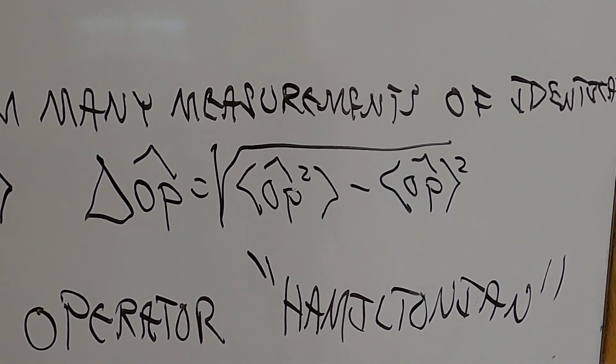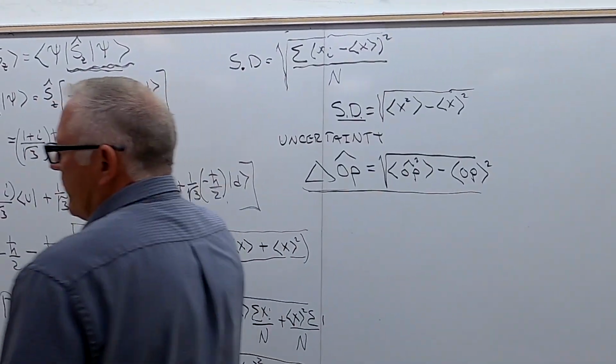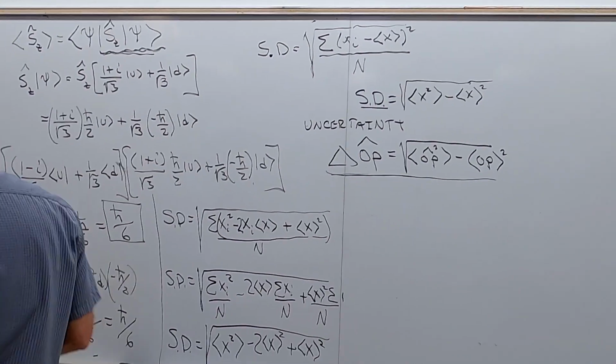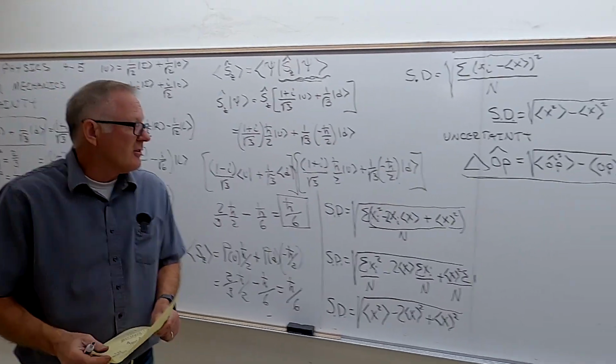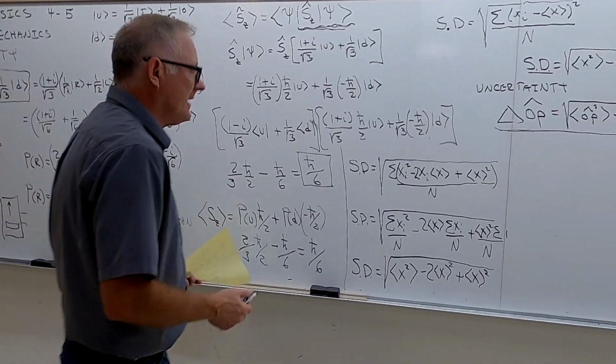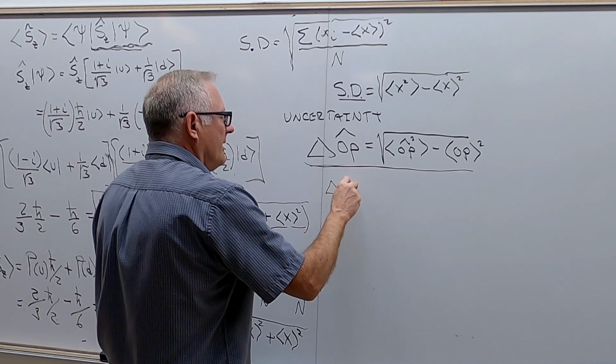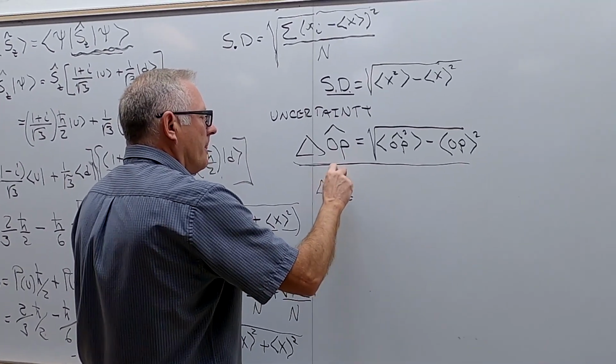Okay, so now that we have this, maybe we should ask, for this problem that we've been working on, what is the uncertainty in, say, an operator? We'll just say S sub z. What is the uncertainty in S sub z?